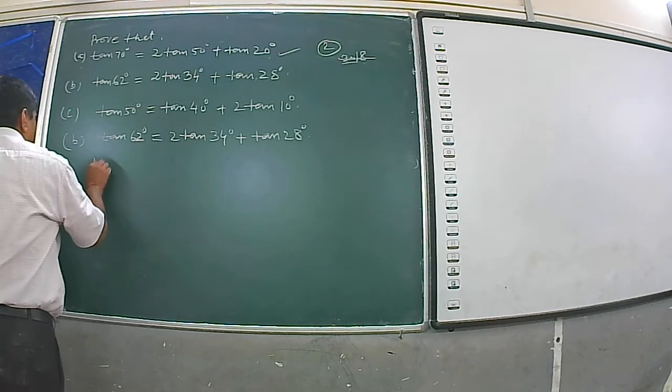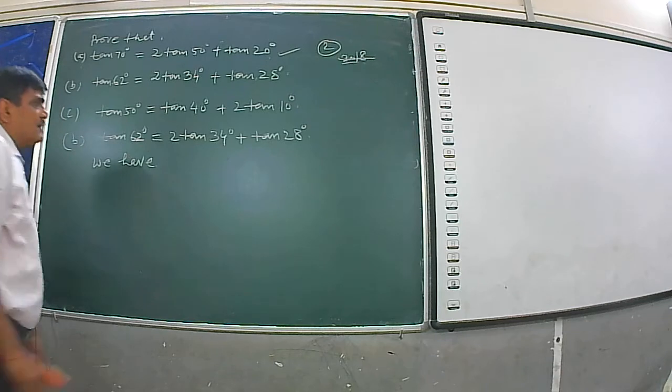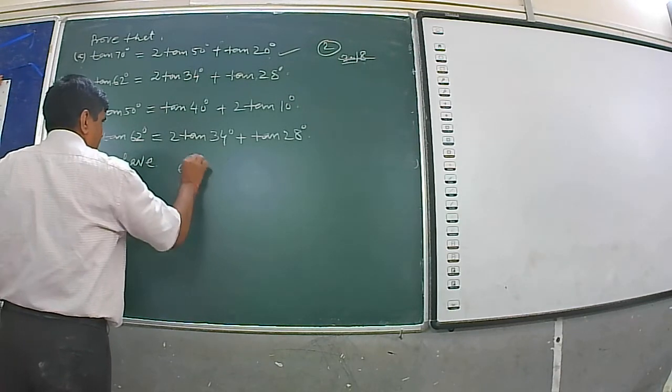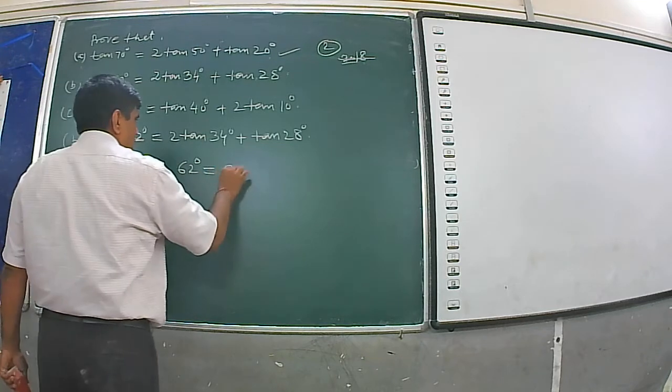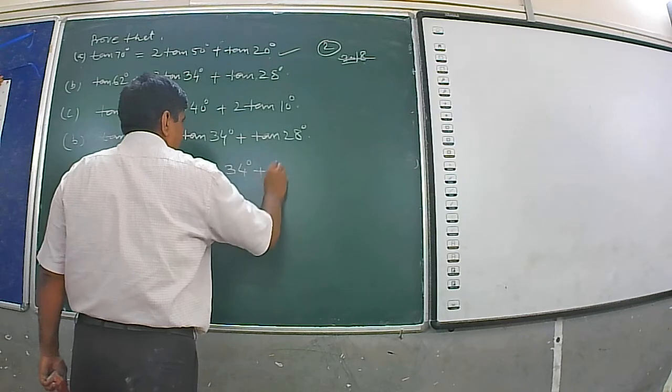We have 62 degree is equal to 34 plus 28.